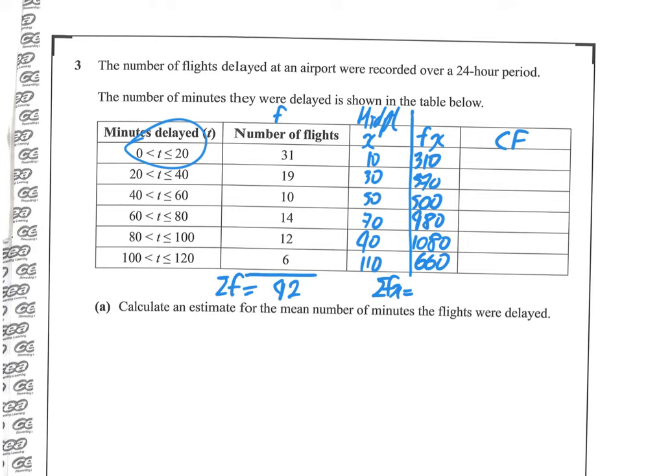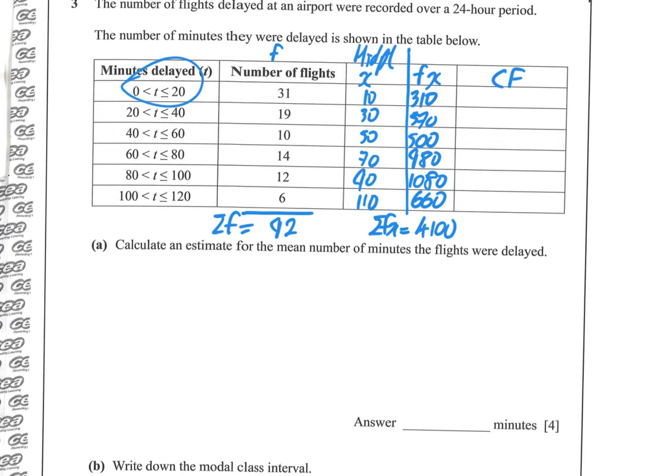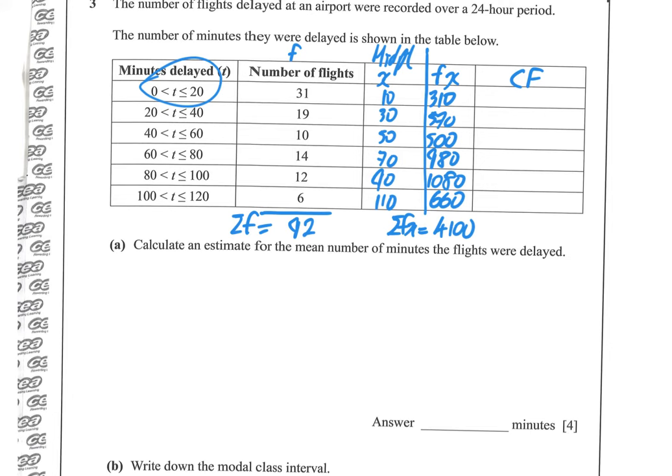looks okay. Next thing then is my fx. 310 plus 570 plus 500 plus 980 plus 1080 plus 660 is equal to 4,100. I'm just looking at my calculator and it looked like I'd done that correctly anyway. So it's calculated an estimate for the mean.